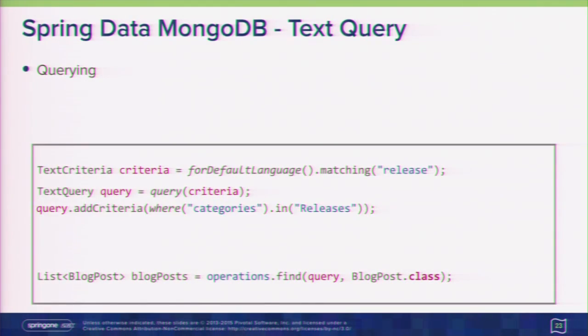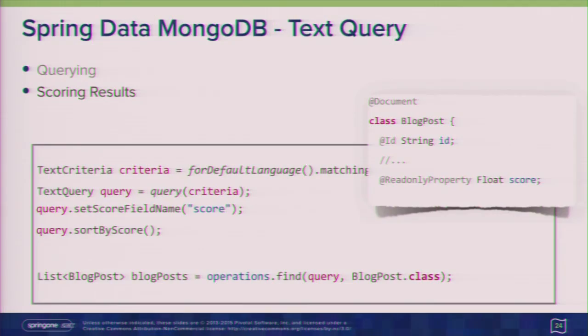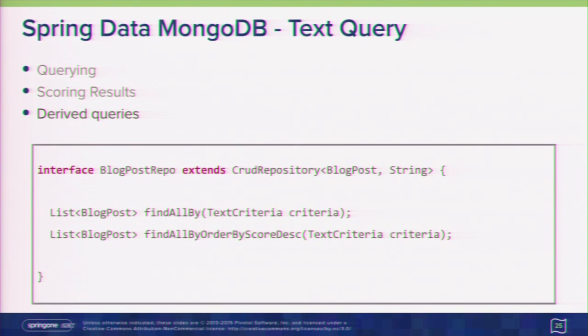We did the querying and the scoring. Oh yeah, there's one thing I wanted to mention as well. You also can make use of the scoring within the derived queries. So you can use the natural Spring Data or the by clause within your method declaration, and it will just work as you expect it to do. So this is pretty neat.